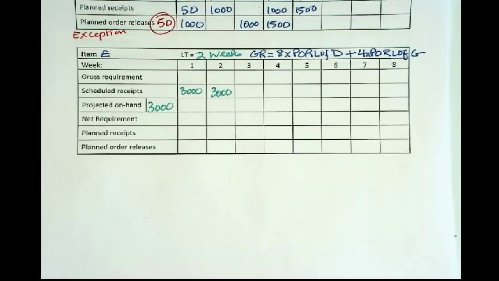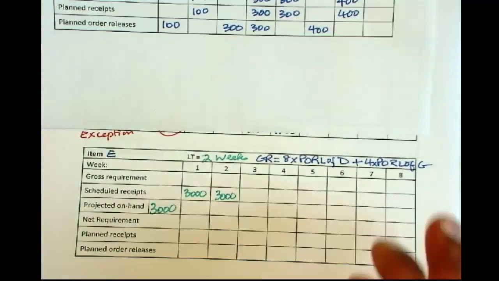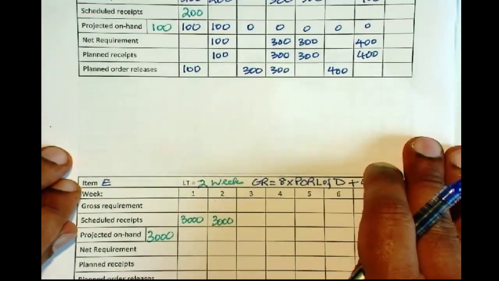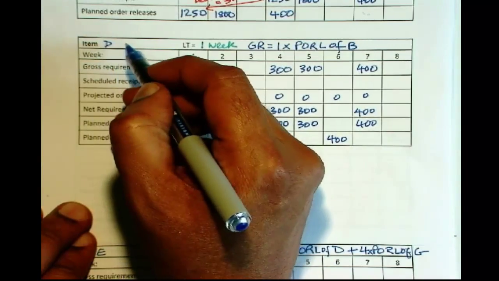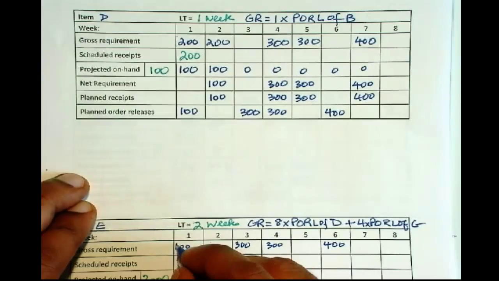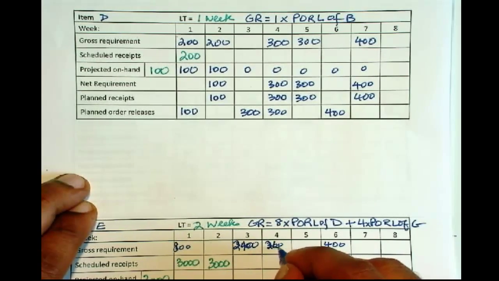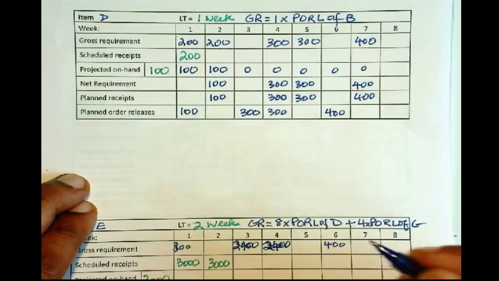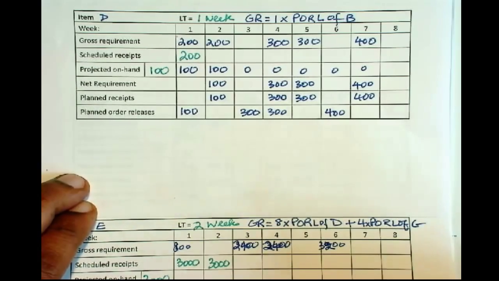So let's do the D part first. So that is D: 800, 2400, 2400 and 3200.